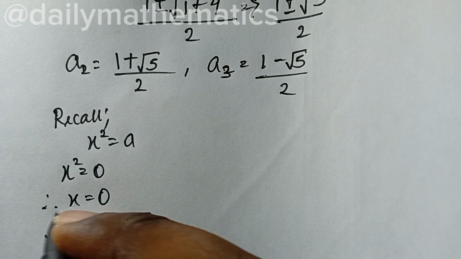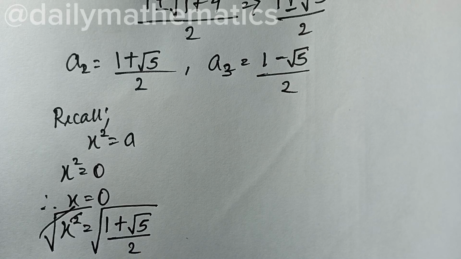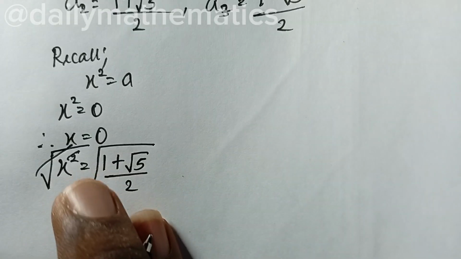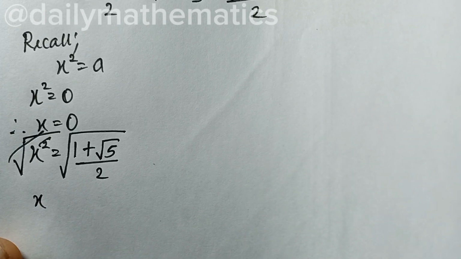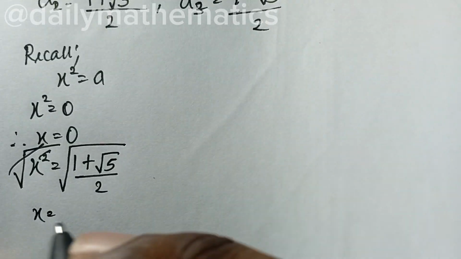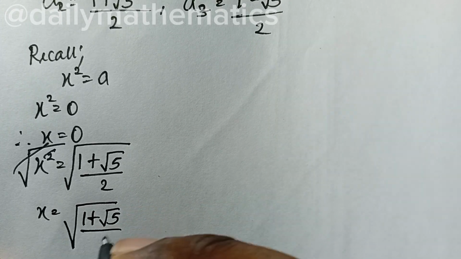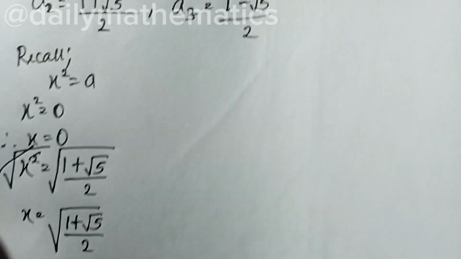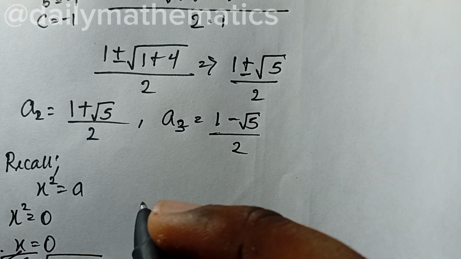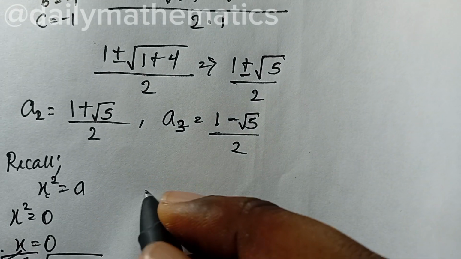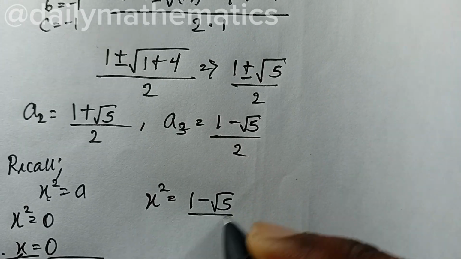Then when we square root both sides, square cancels square root, x will be equal to the square root of 1 plus root 5 over 2. And then for this part, if x squared equals a, we also have x squared equals 1 minus root 5 over 2.